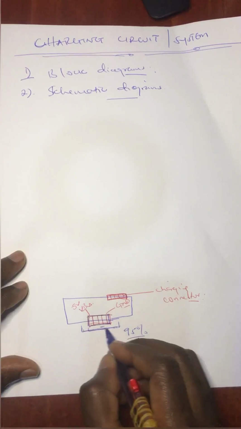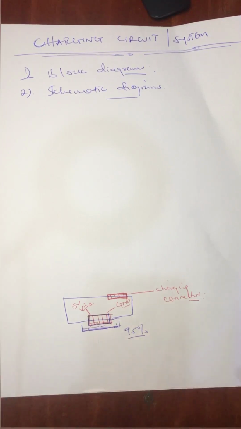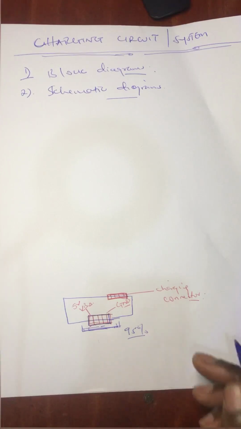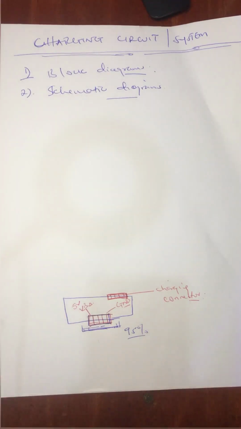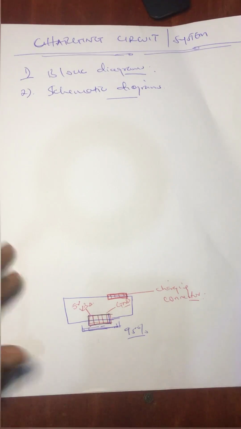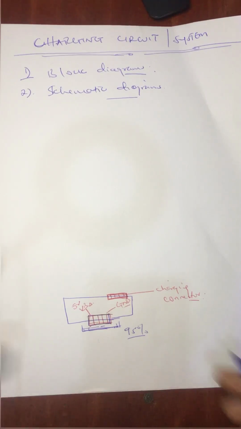And the moment you change the charging connector, problem solved. But it's not only the charging connector that fails on the entire system. Any other component on the charging system can get damaged as well, and we are going to discuss it and see how we can troubleshoot it with a multimeter and understanding the voltages.